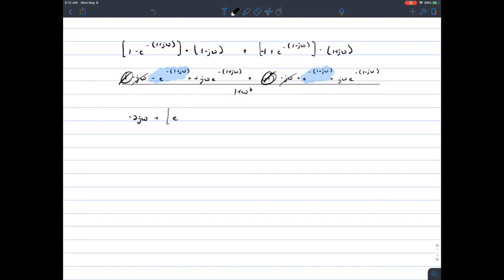I'll group it first. Negative 1 minus j omega minus e to the negative 1 plus j omega. Okay, and then these two will also group to make something nice.